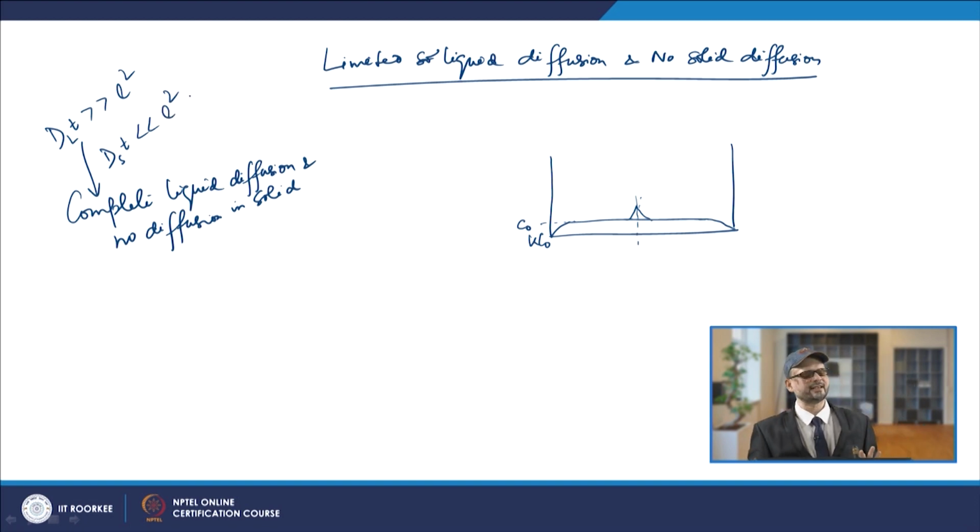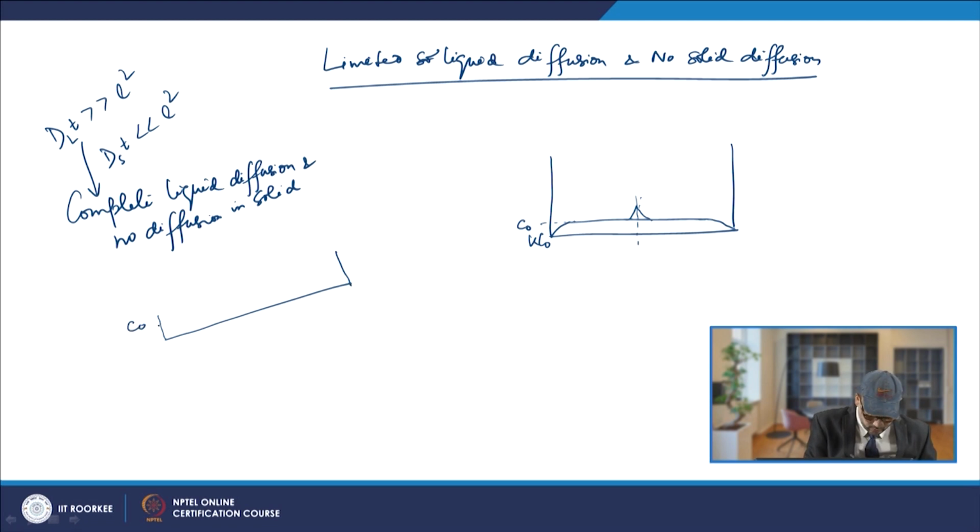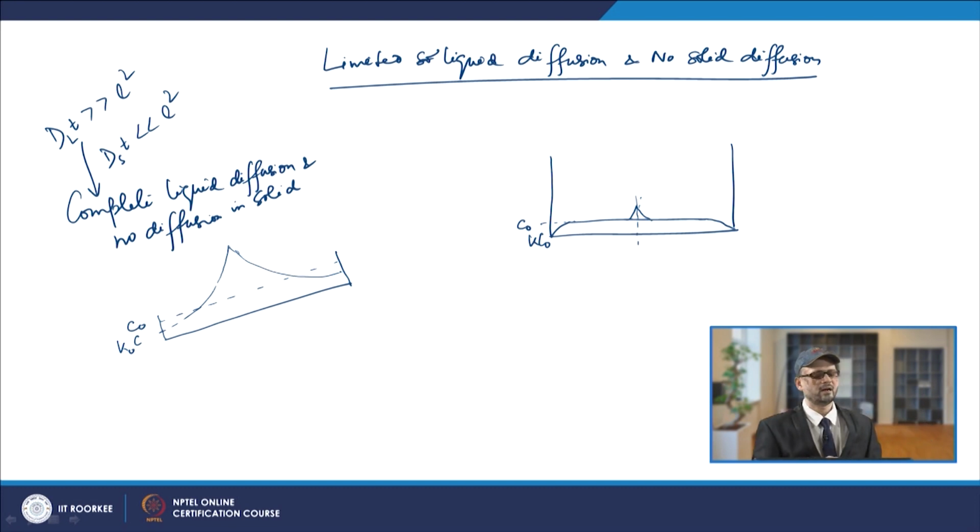So, in these cases the situation is very much severe, and here as you see what happens if this is your C naught value. It will start from K C naught, and then it will move and go to a very high value. So, this way your profile moves, like in the case of limited diffusion.